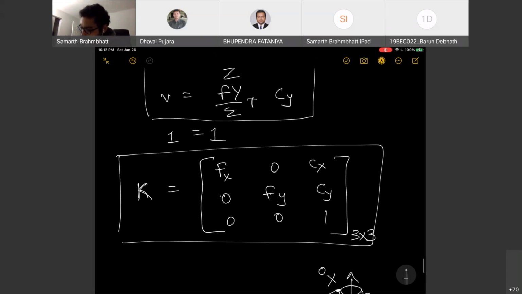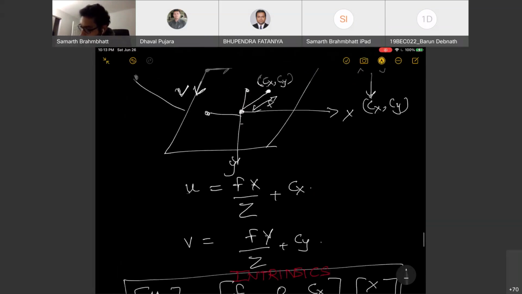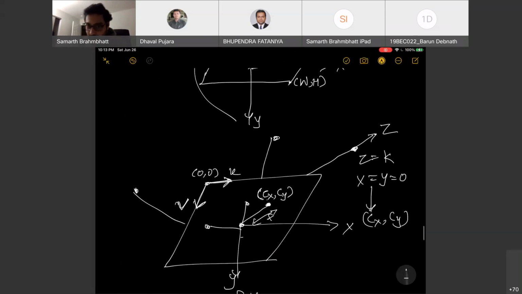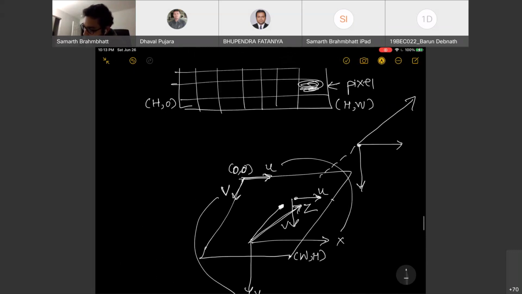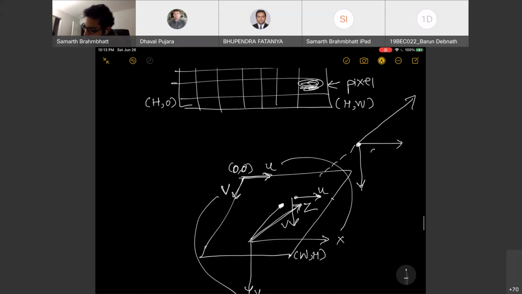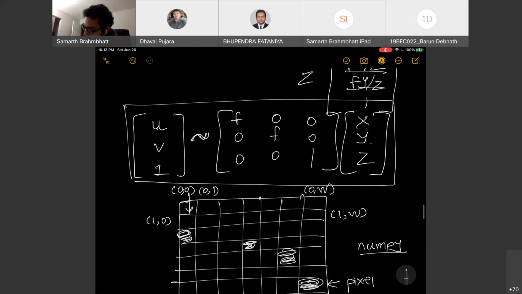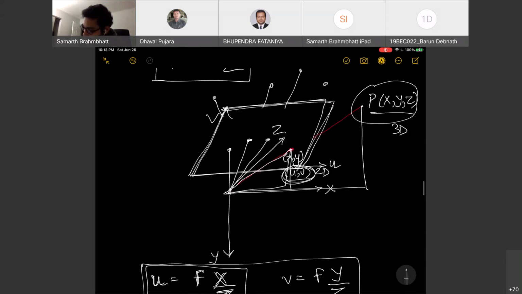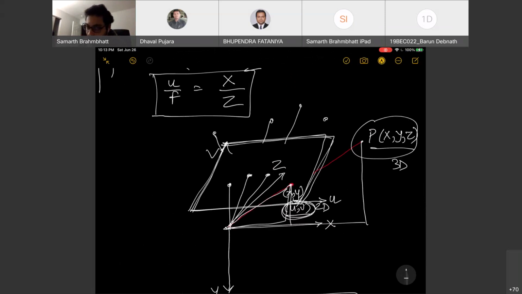So remember, when we drew this whole image over here, this point X, Y, Z, or in fact better, this one, was with respect to the camera's coordinate system.